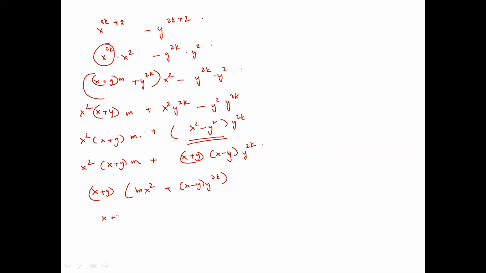That means it is some multiple of x plus y, which we have proved. That's why P of k plus 1 is true. And so, by the principle of finite mathematical induction, P of n is true for all natural numbers.